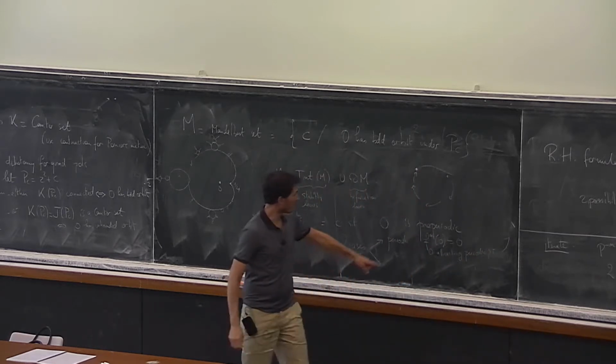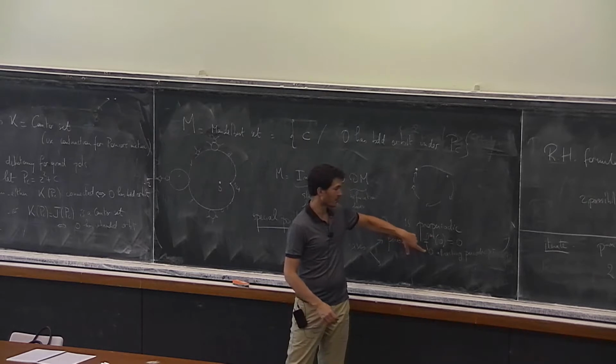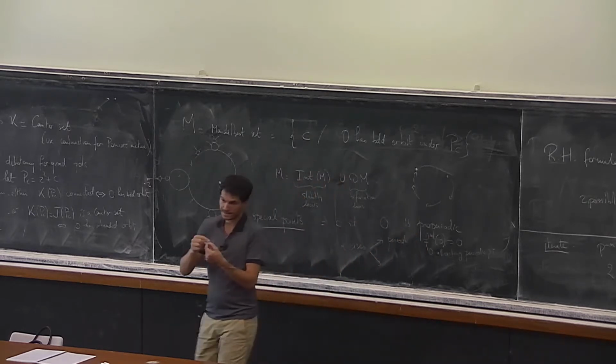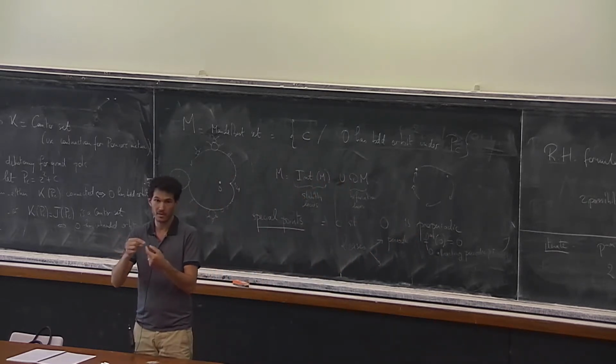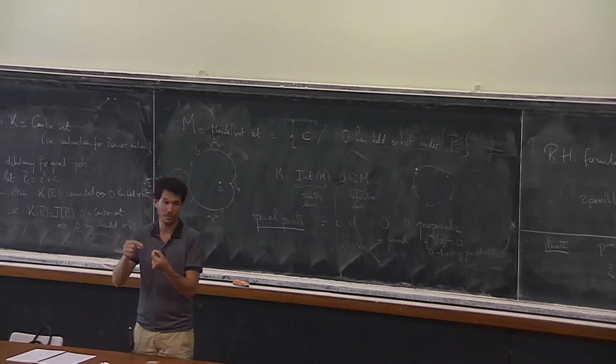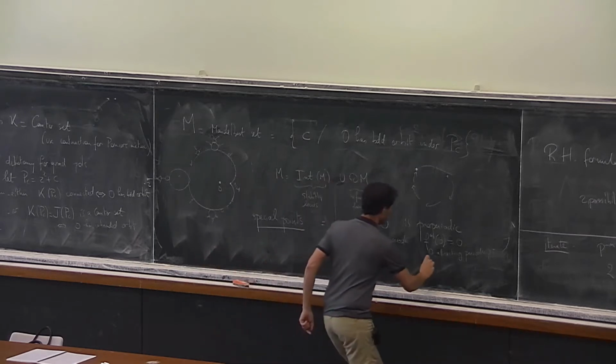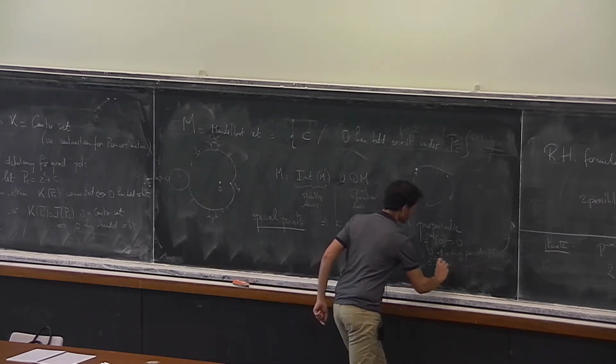Okay, so the fact that 0 is an attracting periodic point, as I said yesterday, means that when you move the parameter a little bit, the attracting point persists. Perhaps it is not critical anymore, but it still attracts the critical point. So these points are inside the interior of the Mandelbrot set.